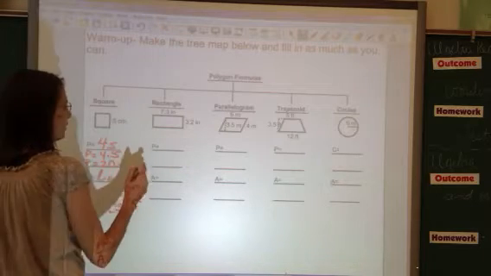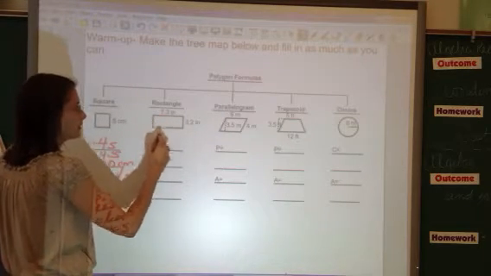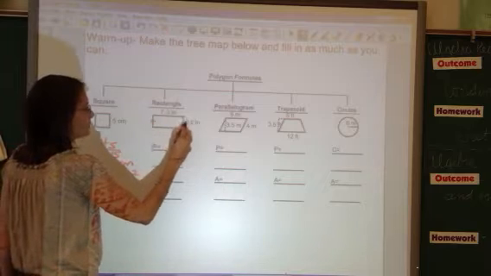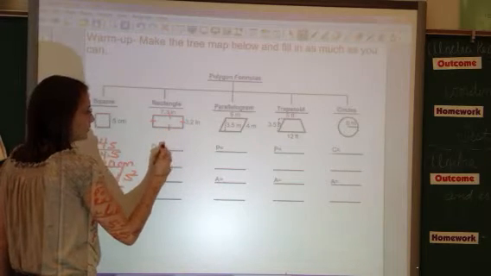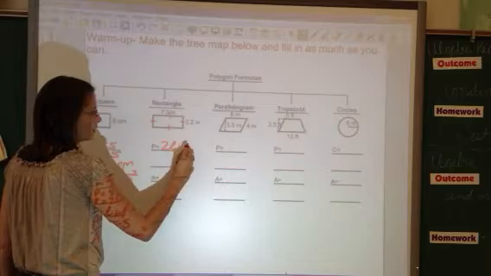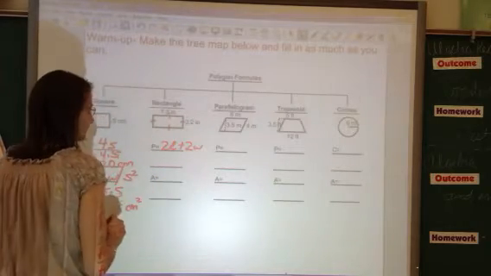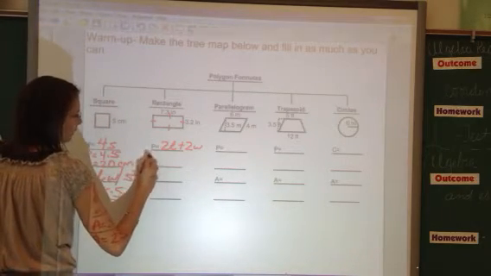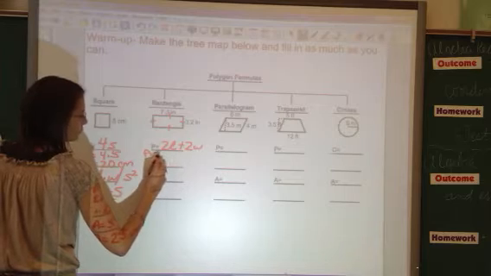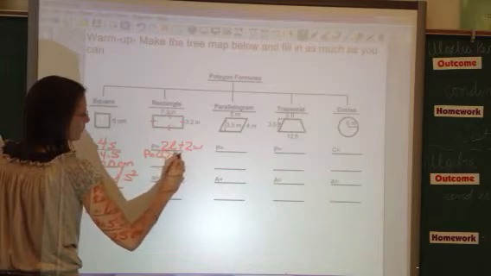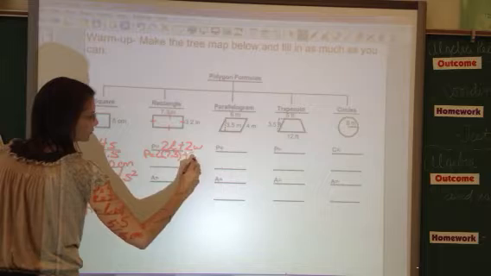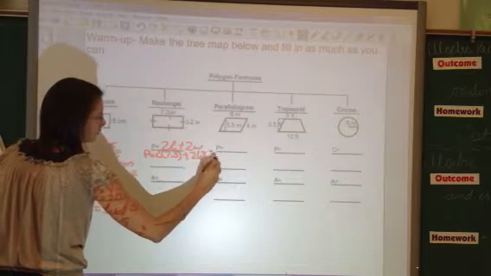For a rectangle, perimeter is side plus side plus side plus side. But if we notice, opposite sides are the same. So instead, we say 2 times the length plus 2 times the width. So for this example, I have 2 times 7.3 plus 2 times 3.2.